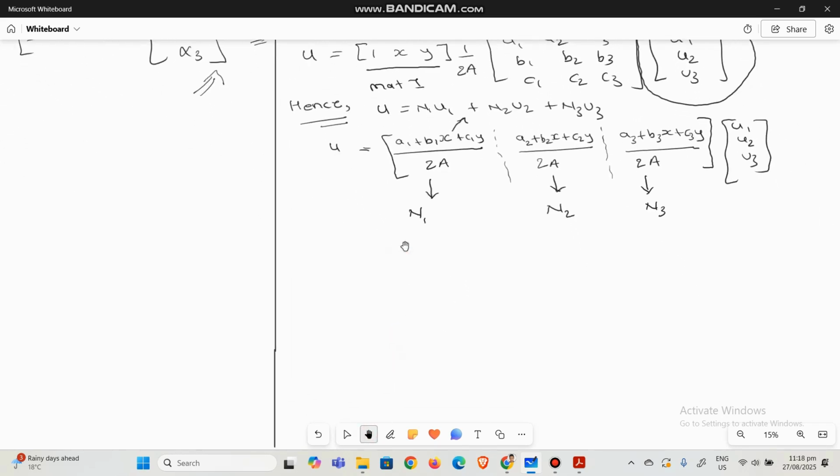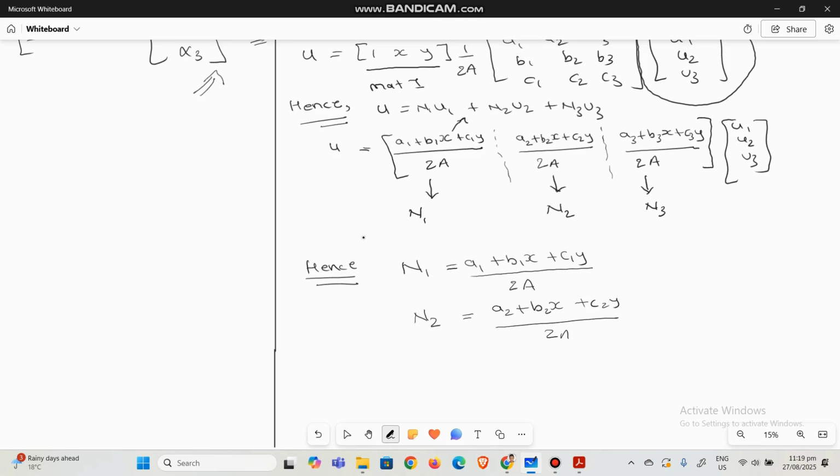It's not so difficult. So finally, to conclude, shape function n1 is going to be a1 plus b1x plus c1y over 2a, n2 is going to be a2 plus b2x plus c2y over 2a, and n3 is going to be a3 plus b3x plus c3y over 2a.